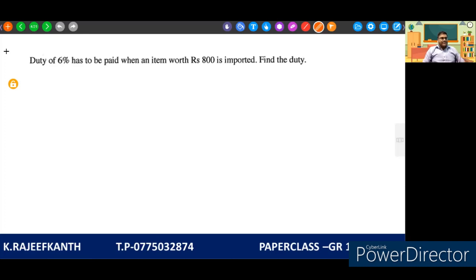Find the duty. You have to find the duty of that item. Here they have given the percentage of duty and also they have given the worth of an item. So now you can find the duty.